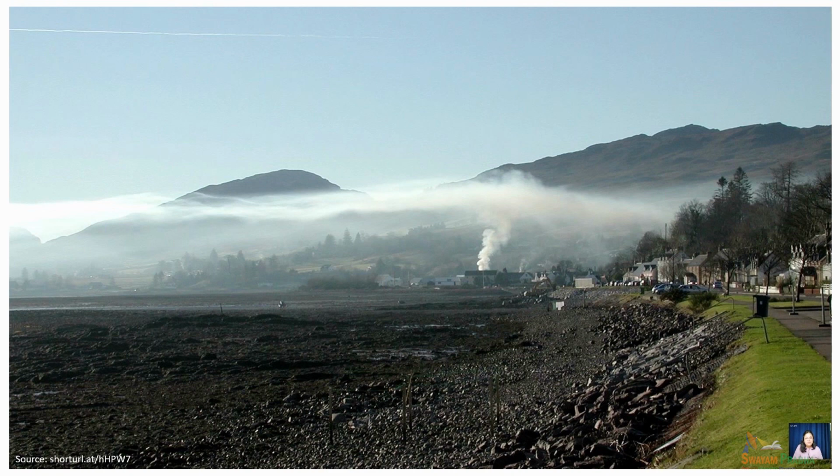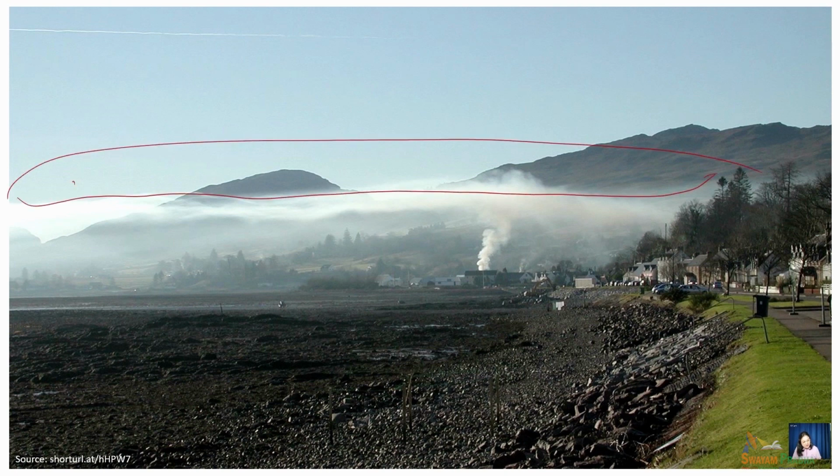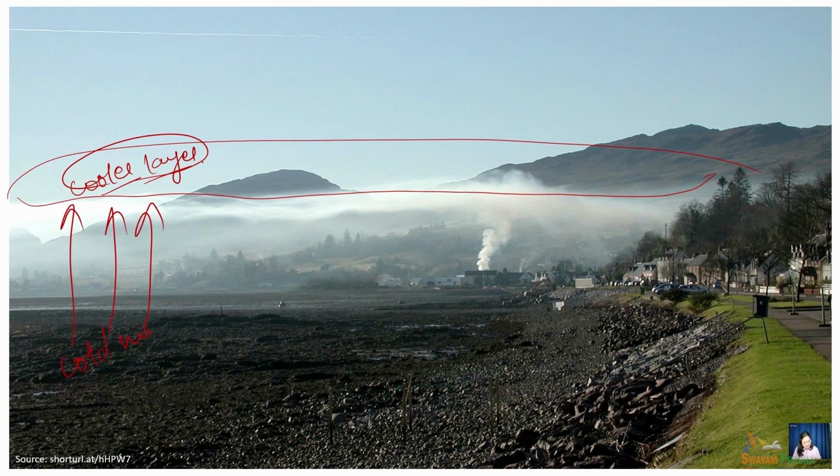This type of ground temperature inversion can be seen at many places, especially in the middle latitudes during the long winter nights. As you can see in this beautiful picture, it is morning time, and because of temperature inversion, the lower layers of the atmosphere have become much cooler. This is the cooler layer, and it has totally taken the properties of the ground, which became cold during the night.